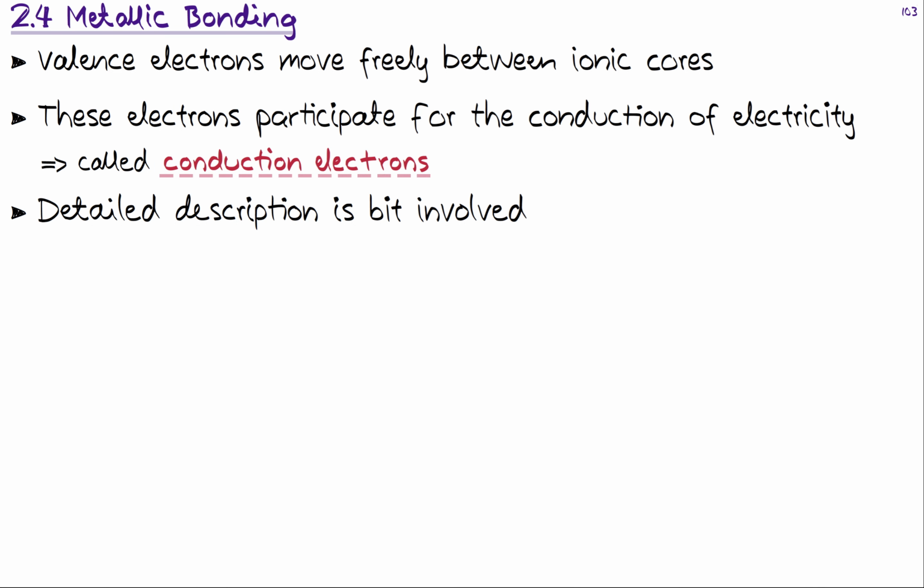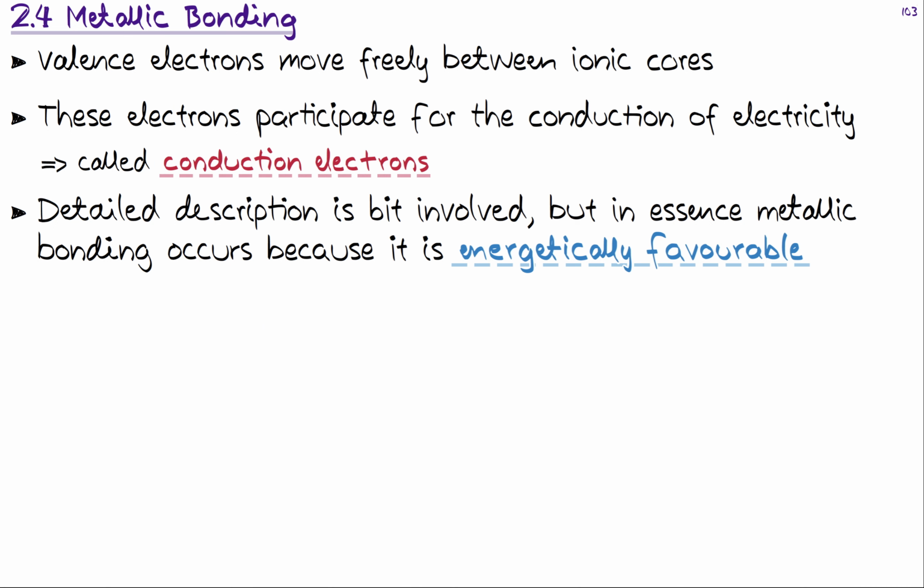The detailed description, as I mentioned in the beginning, is quite involved. But in essence, we can at least understand the governing principles. Metallic bonding happens because it is energetically favorable. That is the physical principle that explains why this kind of bonding takes place: energy is minimized, and that gives rise to metallic bonding.